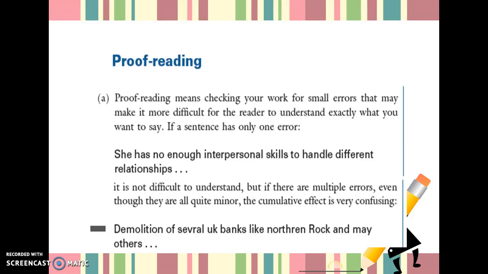We have faulty use of spelling, grammar, and of course it's going to affect the reader's understanding negatively. Proofreading is important, so take the time to revise, to correct, to adjust what you have just written.